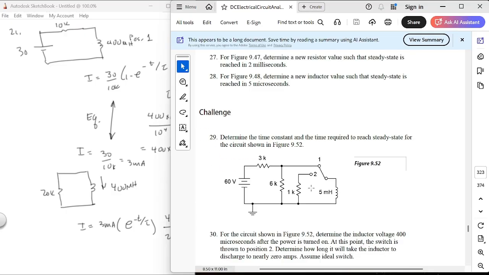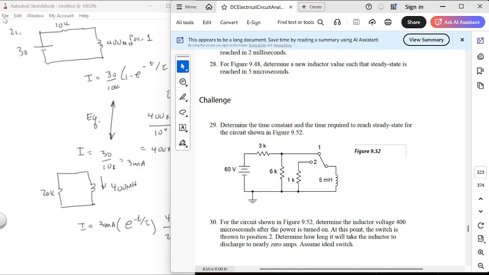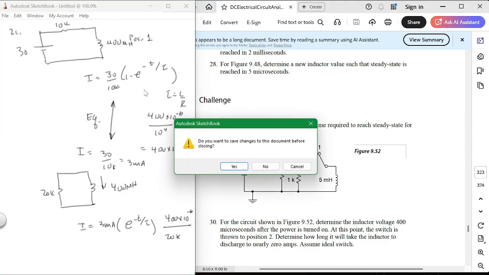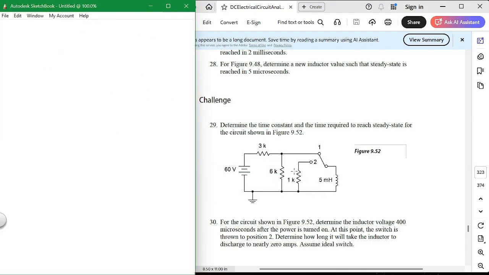And you come down to this one, and now what do you have to do here in 29? What do you have to do in 29? It's different than before. Why do we talk about Thevenin so much? Because this is not in its Thevenin equivalent form, is it?